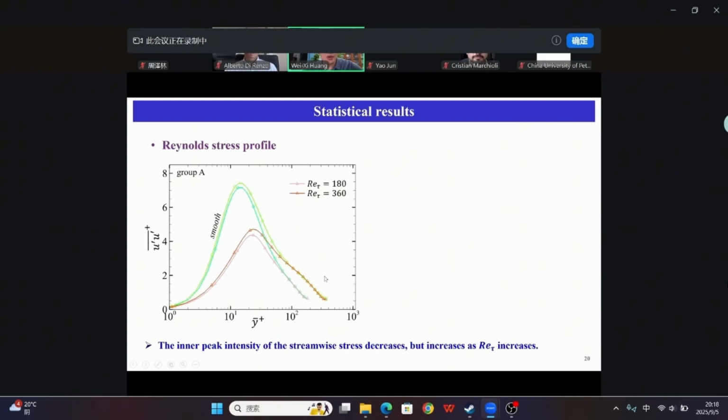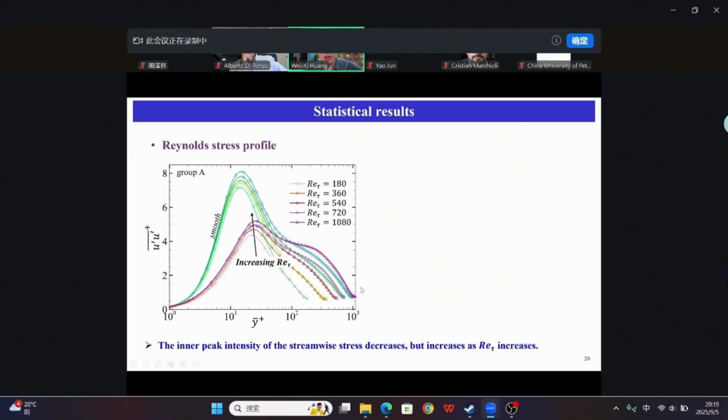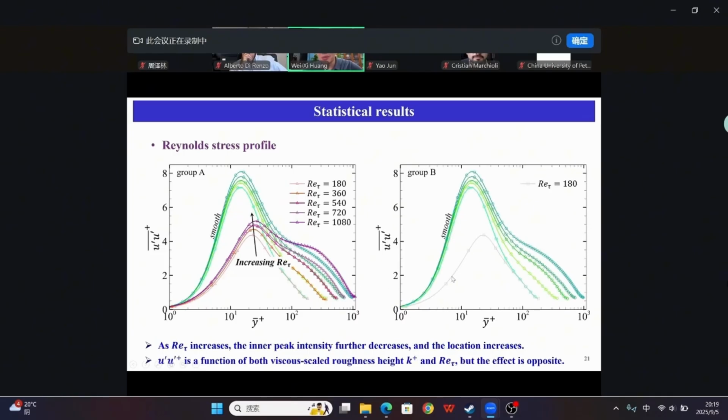And as Reynolds number increases, the peak is increased, but in the outer layer, it's collapsed with the smooth case. So here we say the outer layer similarity holds. But as Reynolds number increases, they show some deviation. This is group A, but for group B, as Reynolds number increases, the K plus increases, then the outer peak is reducing and moves outward.